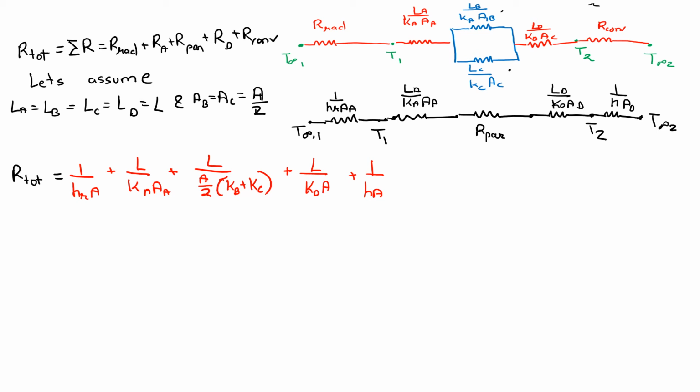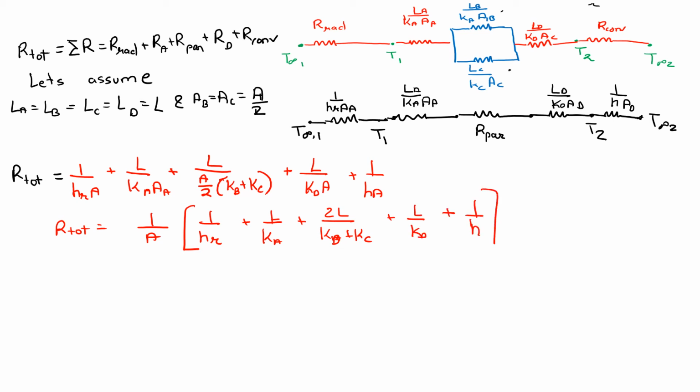If we take all the areas in common, our R total will be 1 upon A multiplied by 1 upon hr plus L by KA plus 2L by KB plus KC plus L by KD plus 1 upon h.